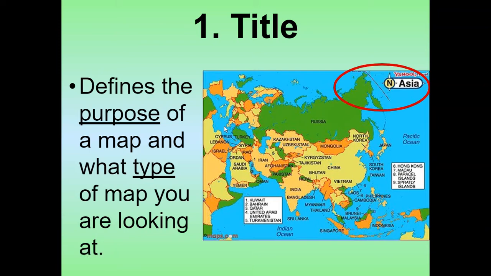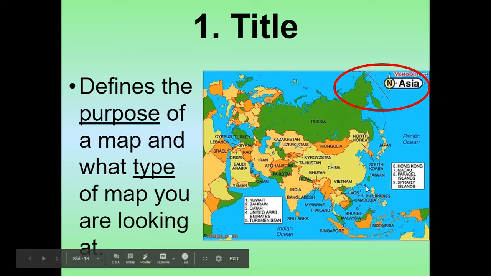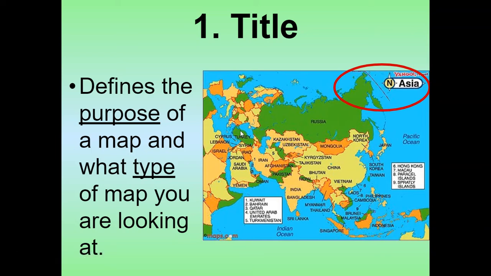Europe is on the map, but this map isn't about Europe, so the countries in Europe are not labeled. Every country on this map that is labeled is in Asia. So that right there is the first component of a map, the title. You must have a map title.